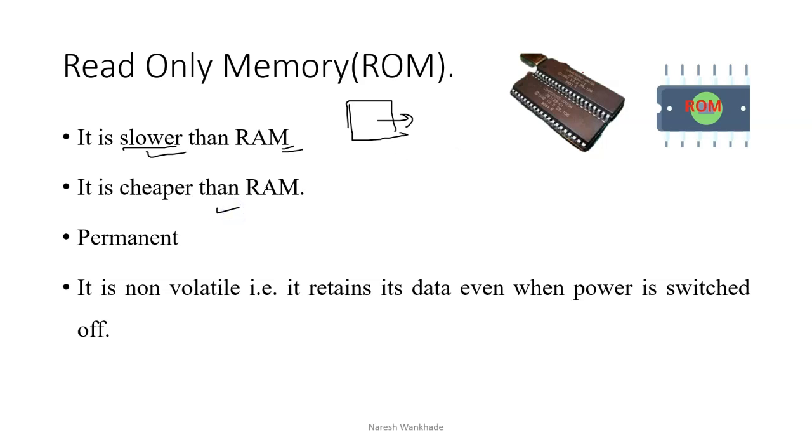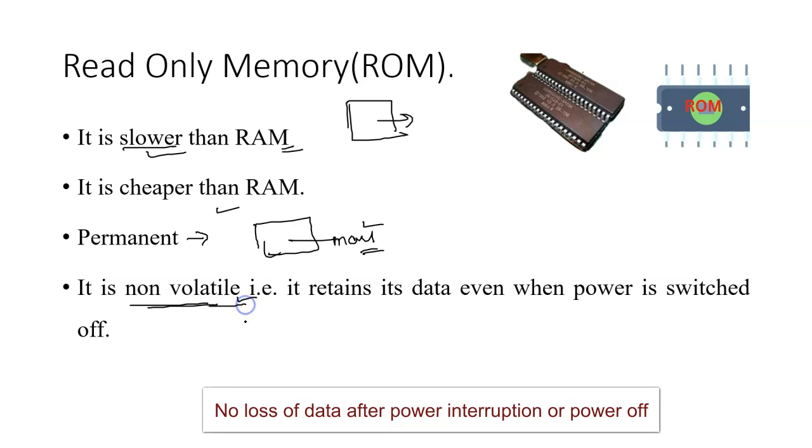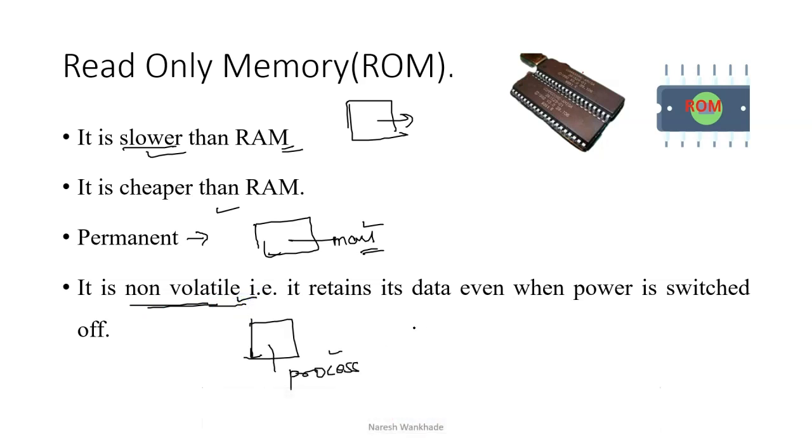This read-only memory is cheaper than RAM. Read-only memory stores data permanently, meaning at the time of manufacturing data is stored. That is the important characteristic of read-only memory, and it is non-volatile. What is the meaning of non-volatile? Suppose a process is executing and meanwhile there is a power interruption.